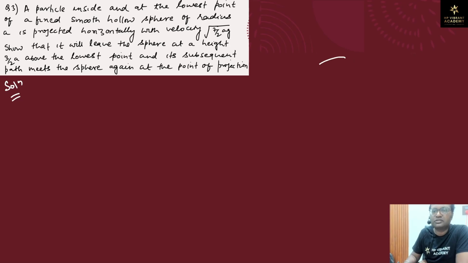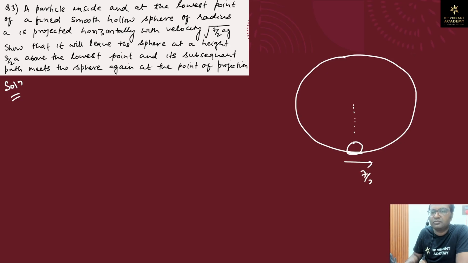What is given is that this is a sphere, and the particle is at the lowest point. It is given a velocity root of 7 upon 2 ag, so that it will leave the sphere at a height 3a by 2 from the lowest point. This distance is a.